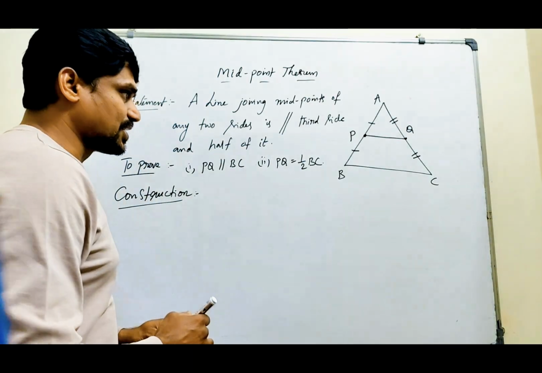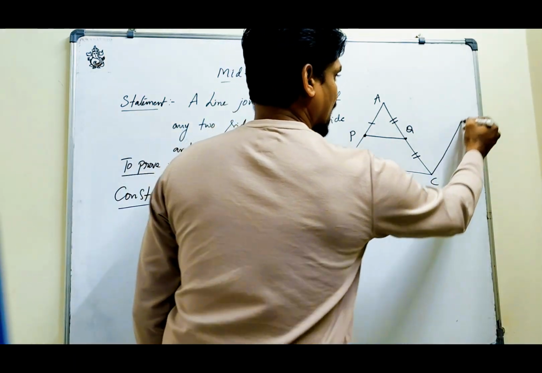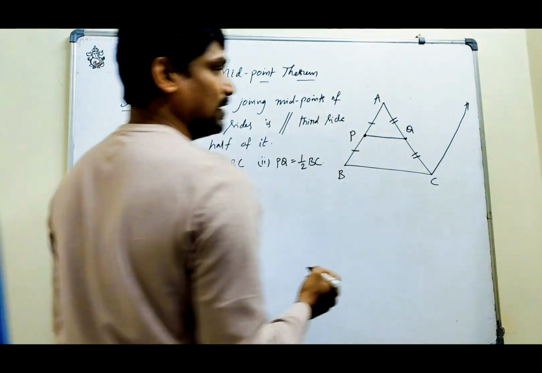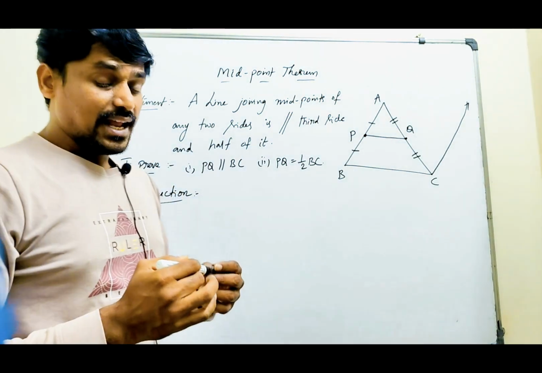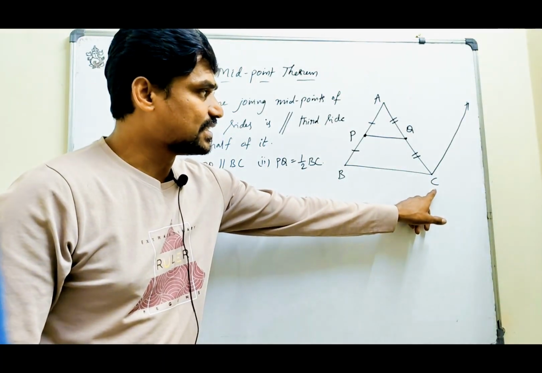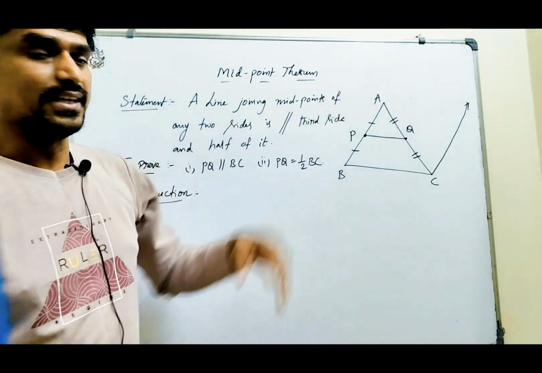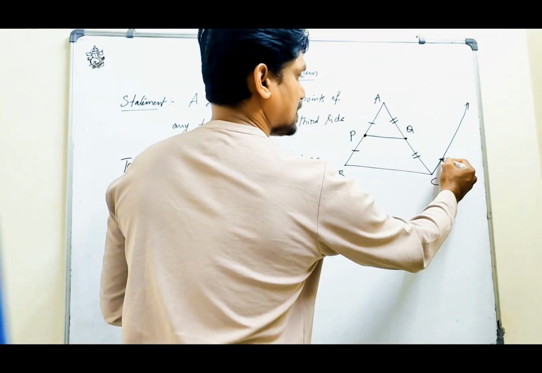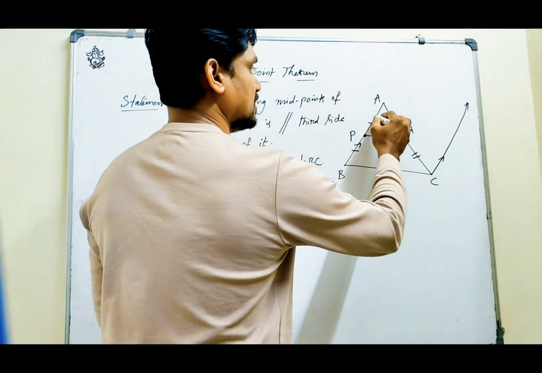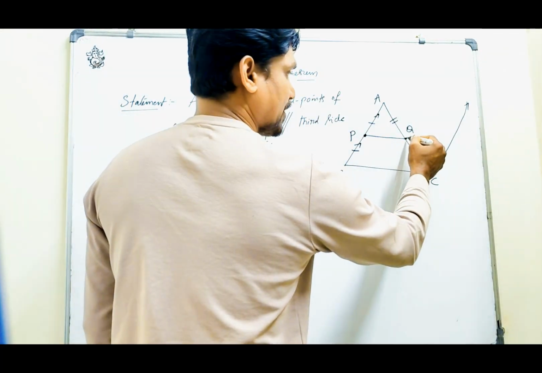So for that construction, I am just trying to draw a parallel line. Just now we discussed drawing a parallel line from vertex to opposite side. See, from vertex C we are drawing a parallel line so that it is parallel to the opposite side. This is my construction. And extend PQ.